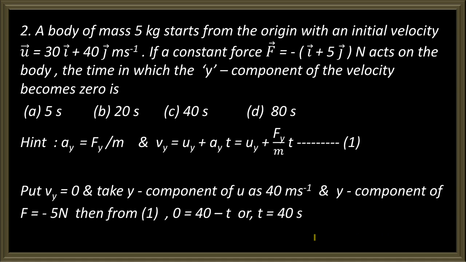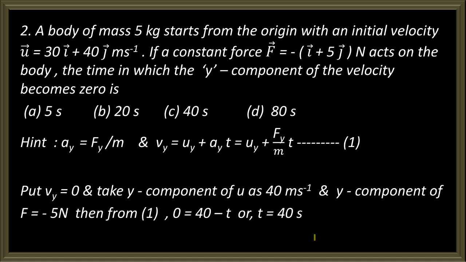So first of all, we will write the y component of the velocity, which is Vy equal to Uy plus Ay t, and Ay is replaced by Fy by m. So velocity becomes Uy plus Fy by m into t. Now we have to find the value of Uy, that is y component of the initial velocity, and Fy, that is y component of force.